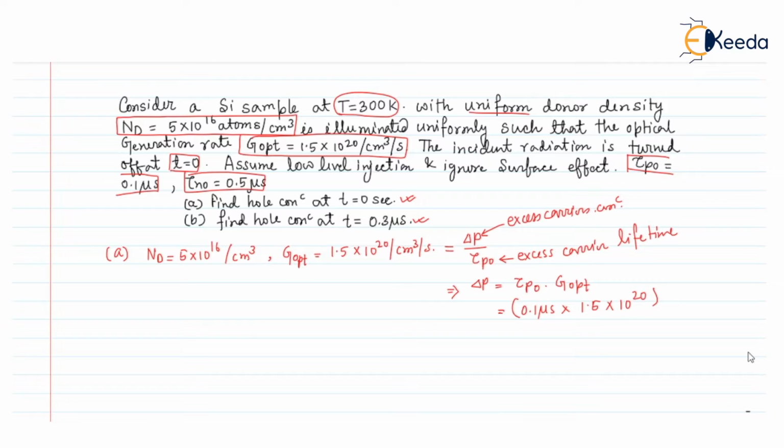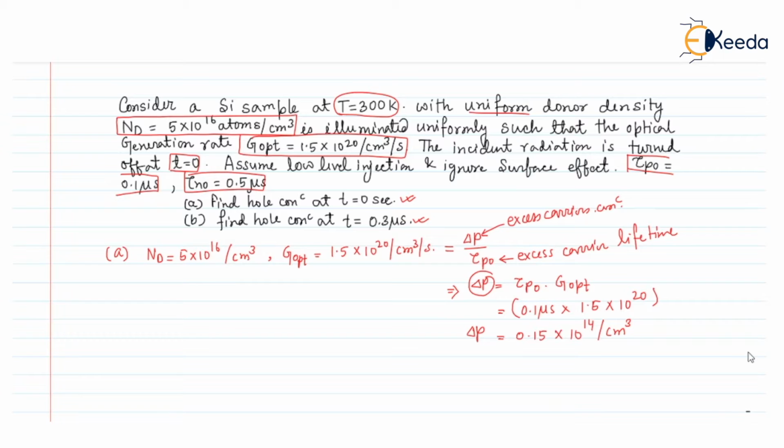From this data, if we calculate this, then we can find it as 0.15 into 10 to the power 14 per centimeter cube. So this is the excess carrier concentration that we have found, del P.